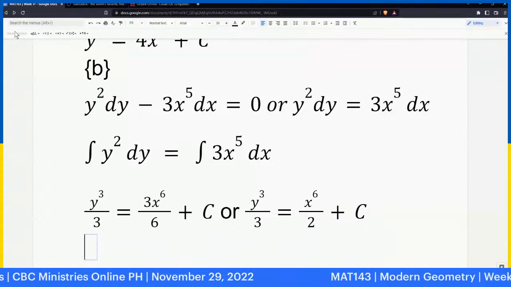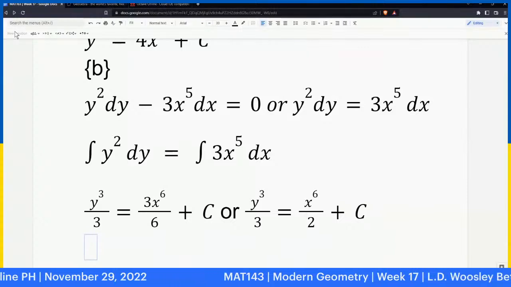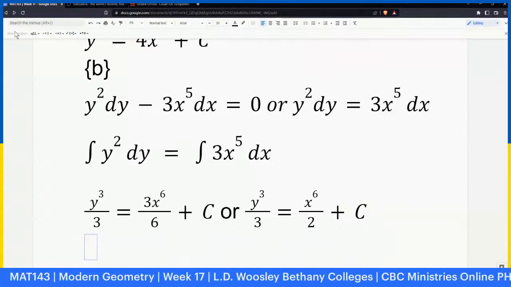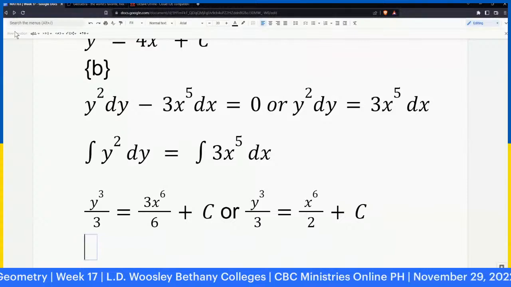Ano po sir? 2y cube equals 3x raised to 6 plus c.